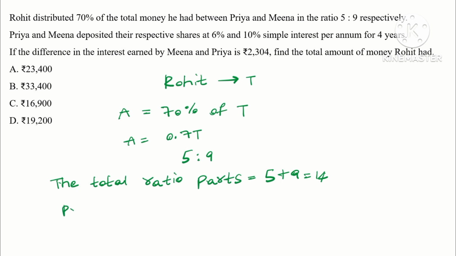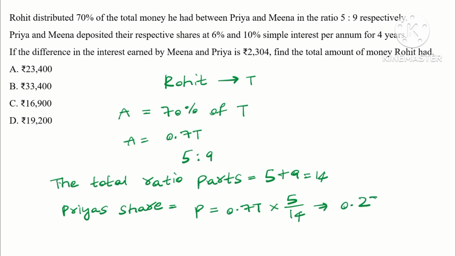Now Priya's share will be P equals to 0.70 total amount into Priya's share 5 by 14. So we get 0.25T.